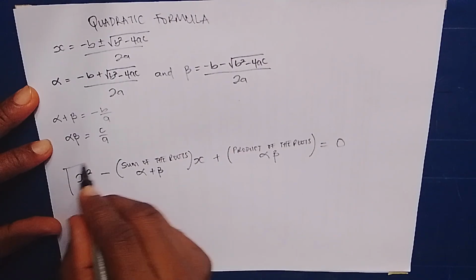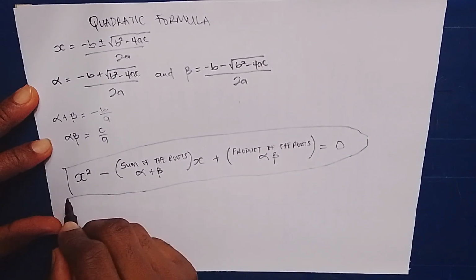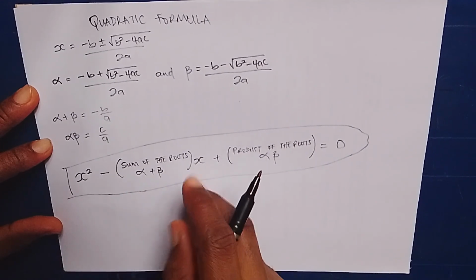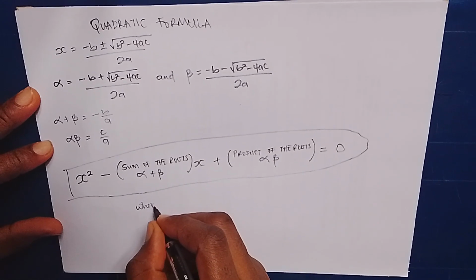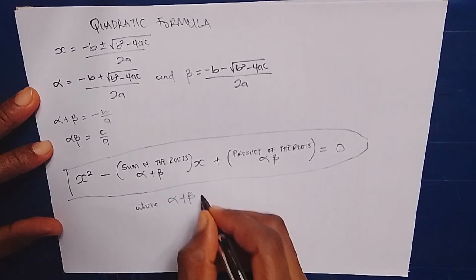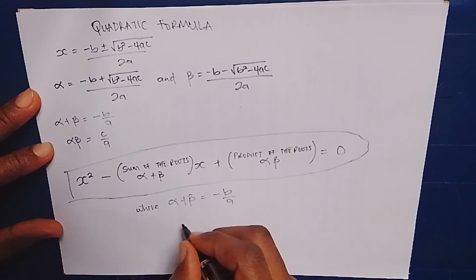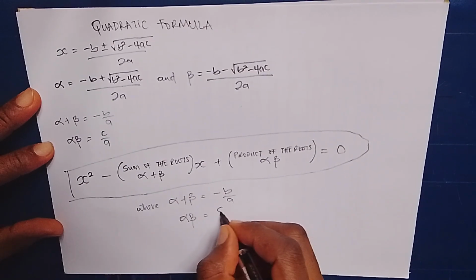So every quadratic equation can be written in this form, where alpha plus beta is equal to minus b over a, and alpha beta is equal to c over a.